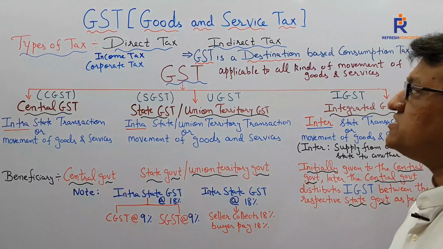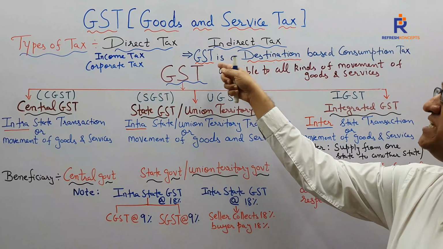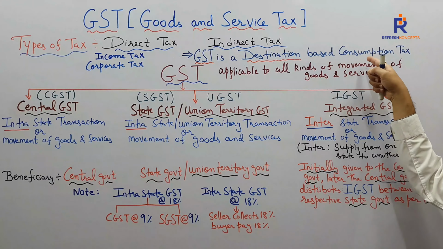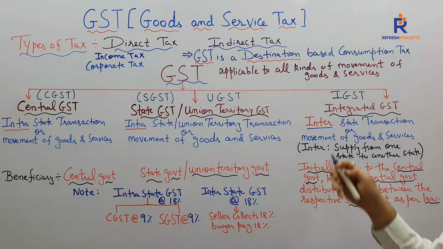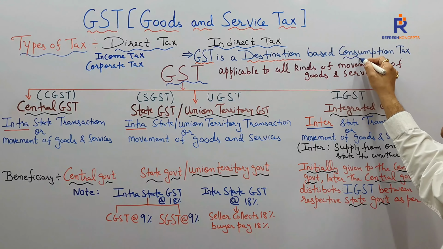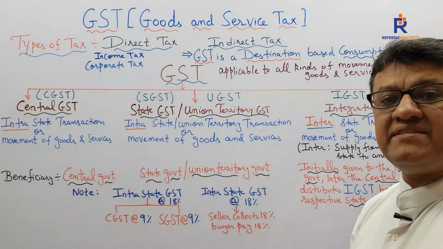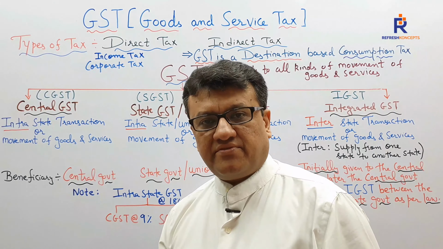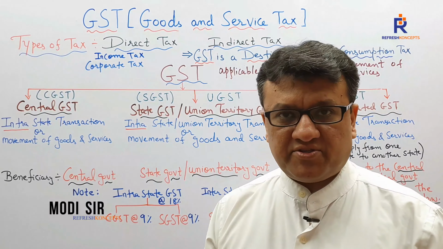So let's understand what is GST. GST, very first thing, comes under indirect tax. GST is a destination-based consumption tax. Children, understand the word consumption. That means it is related to buying and selling of goods and services, right? It involves both the buyer and the seller.